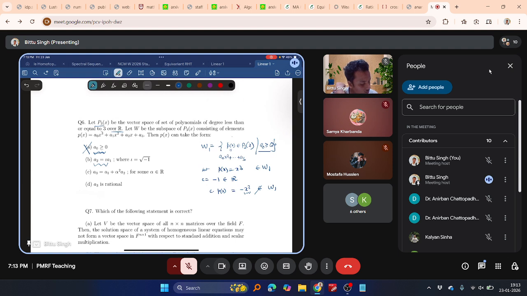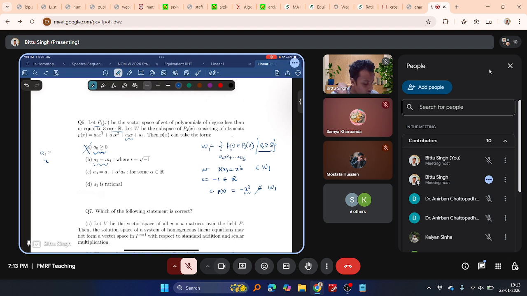There are some elements like this: x cube plus 1 times x square. Now, sorry. So let us take A1 equal to 1.